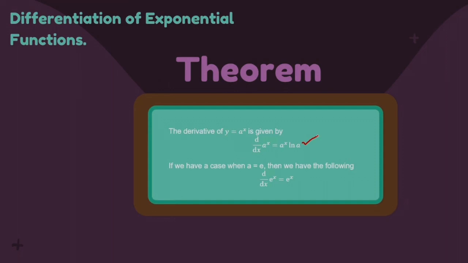We'll see some exercises later to prove this. And if we have a case when a equals e, then we'll have the following. In this case, when we differentiate e power x, we will eventually get the same thing as what we differentiate. So we'll see some examples later.